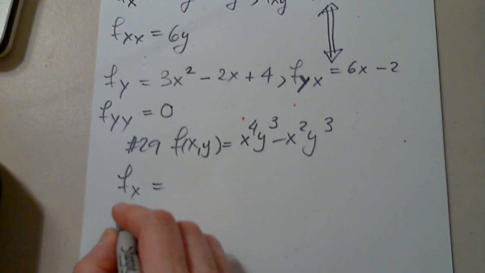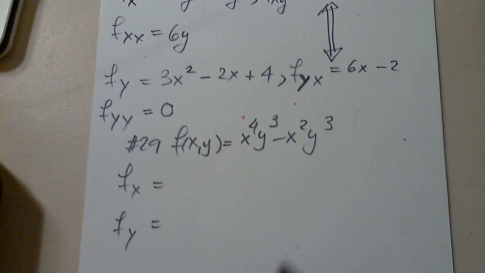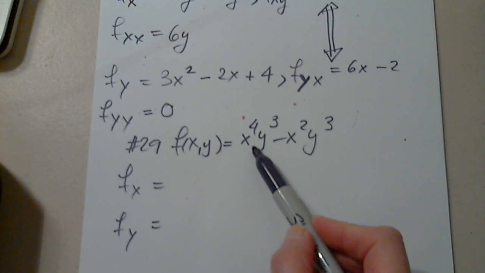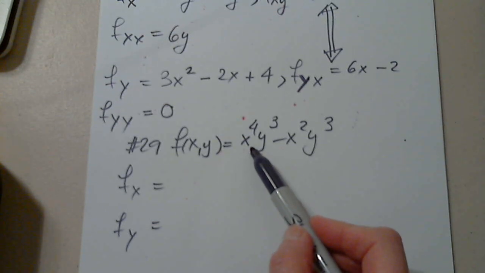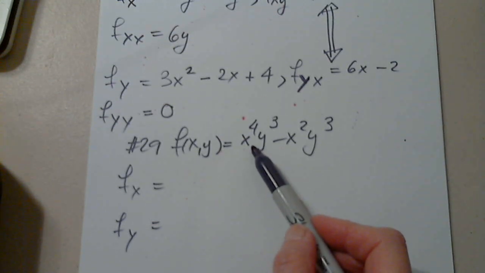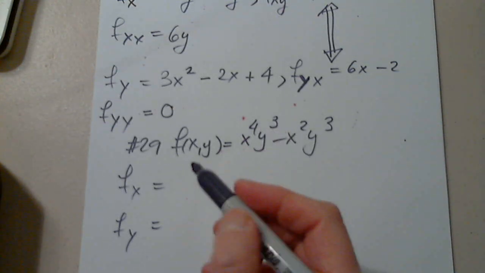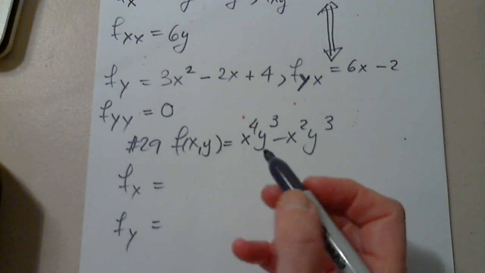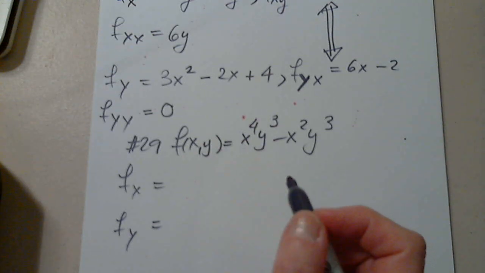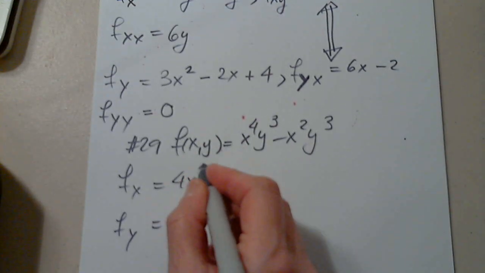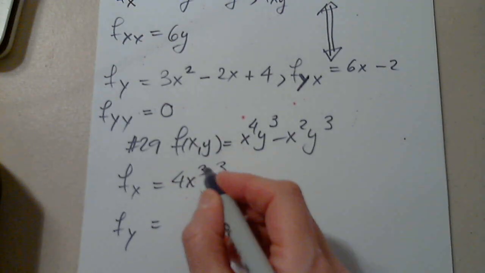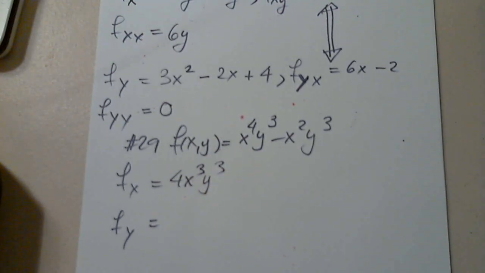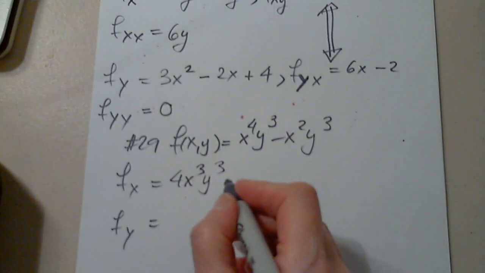fx and then fy. We differentiate this with respect to x. Please try. It's okay if you're wrong. Yes? 4x to the third, y to the third. Excellent. That's it. Perfect. We're differentiating this with respect to x.